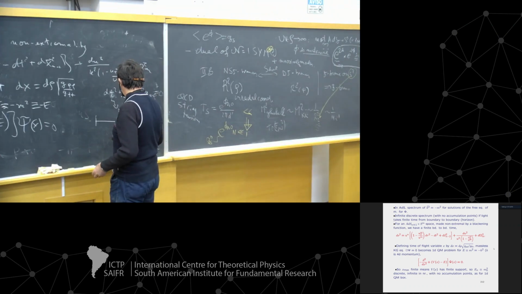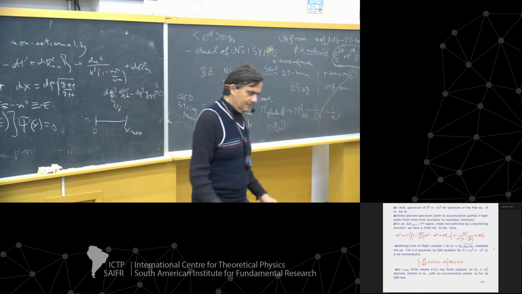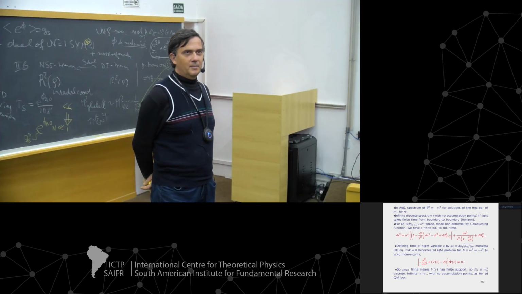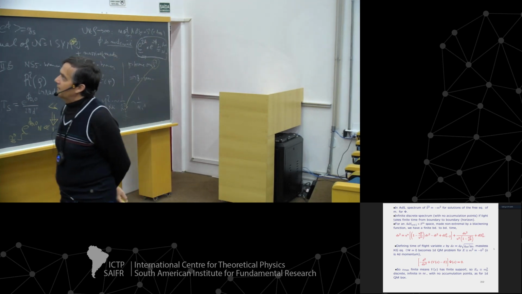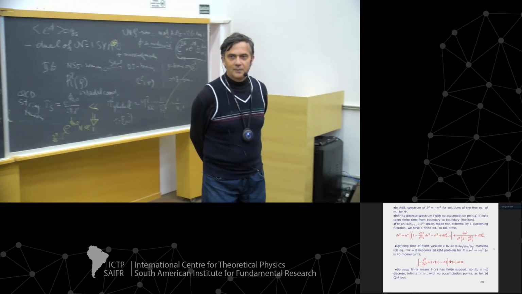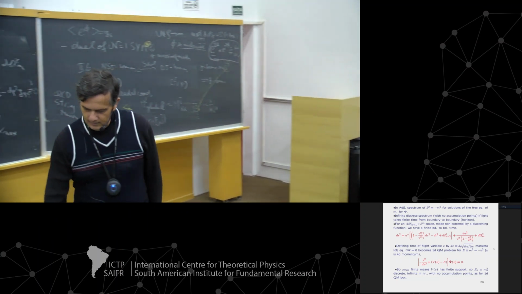We had the maximum x. And then, obviously, this is really just a particle in a box, right? So then the spectrum is obviously discrete, infinite, and with no accumulation points. So that's clear.